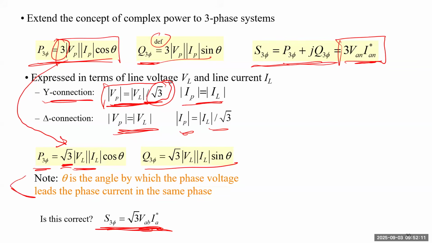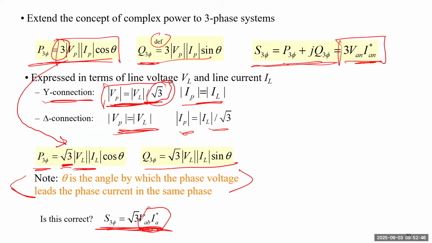Because when this formula is correct, the angle you take has to be the angle by which the voltage is leading the current. In this formula, you have voltage multiplied by conjugated current, and you assume this current lags this voltage by theta, which is wrong. The IA is not lagging VAB by theta, it's by a different angle. So if you calculate this one, that will give you the wrong answer.